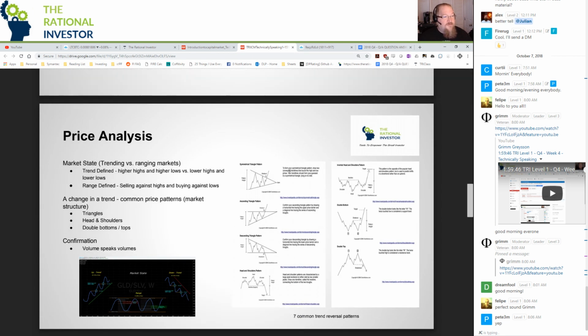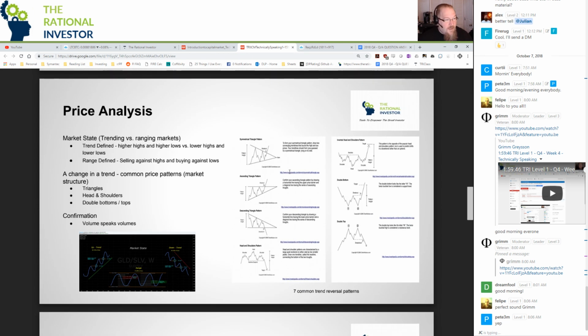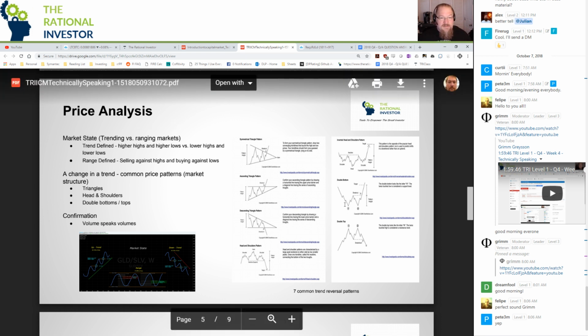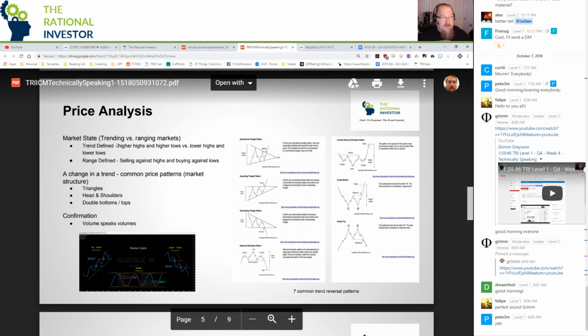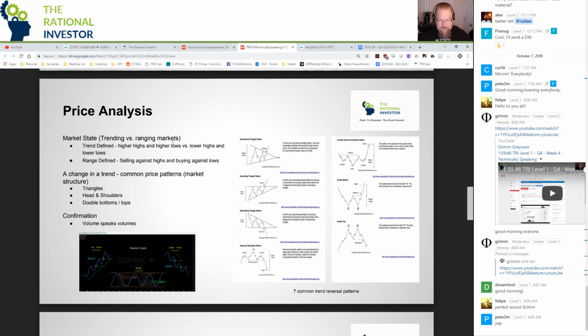Okay, so price analysis. We will refer to this very often as price structure. And what we're talking about here is patterns in price that indicate a reversal in market state. Now, that may be from trending to ranging.